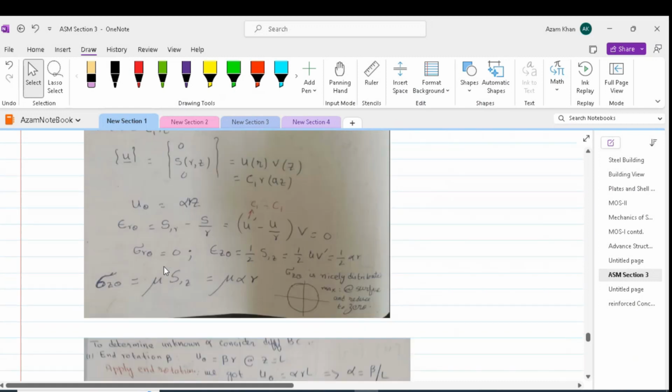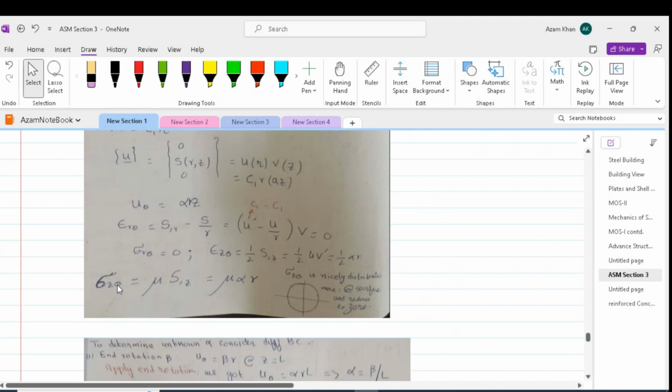After this, we can find out our strain components and our stress components as shown over here. The epsilon r theta comes out to be 0. The sigma r theta comes out to be half alpha r, and sigma z theta comes out to be mu alpha r.